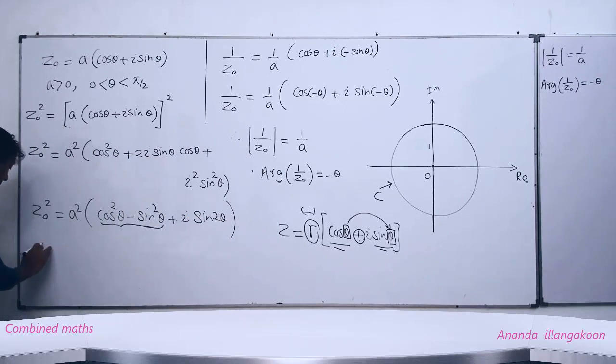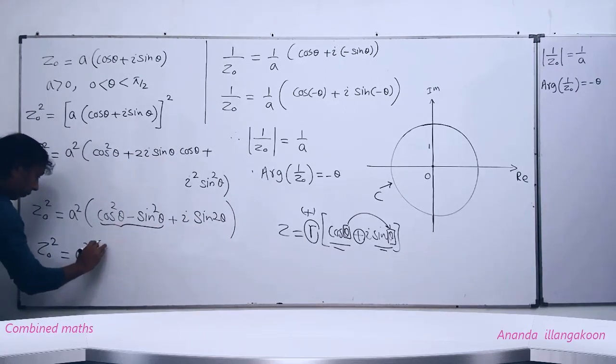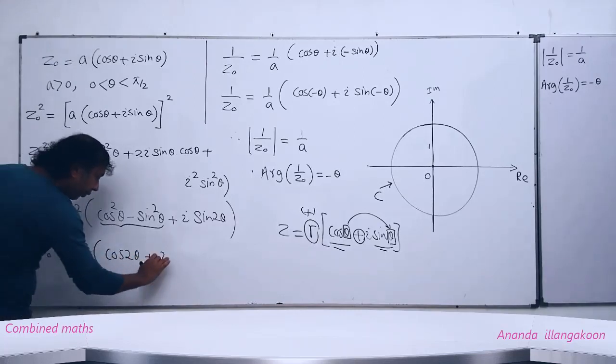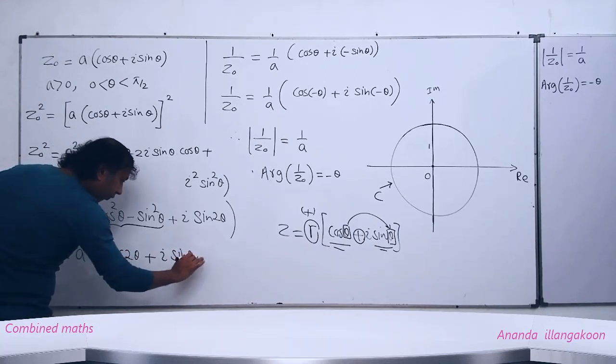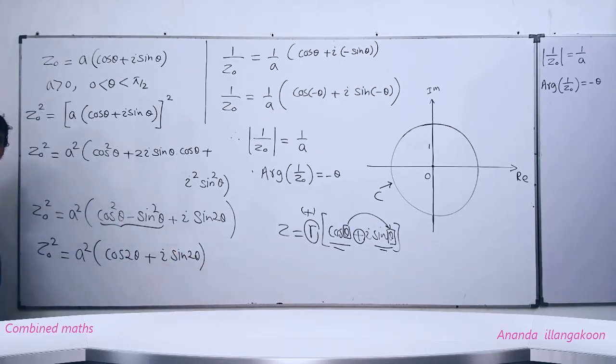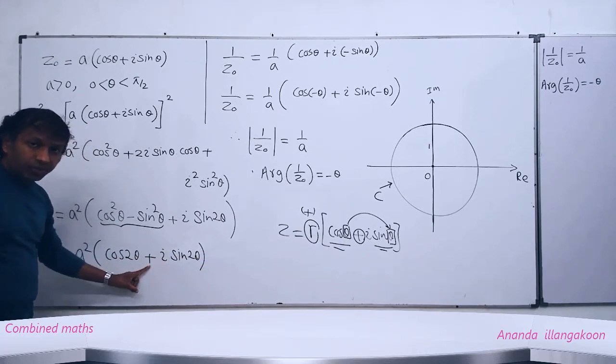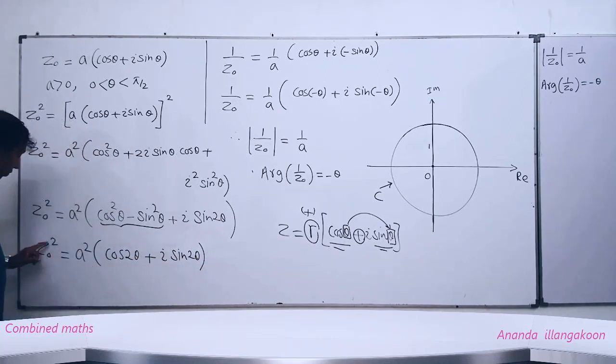So then we get Z0 square is A square, cos 2 theta plus I sin 2 theta. Here this is a positive value. This angle and this angle are the same, between these two terms we have plus sign. Therefore the Z0 squared complex number we have now represented in polar form.